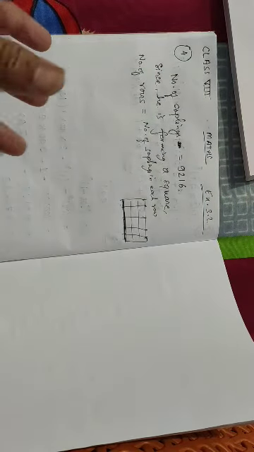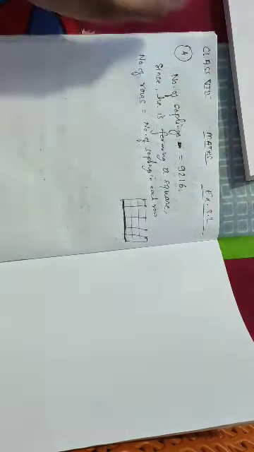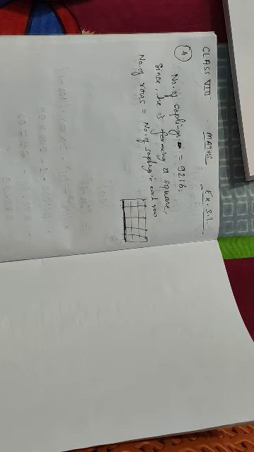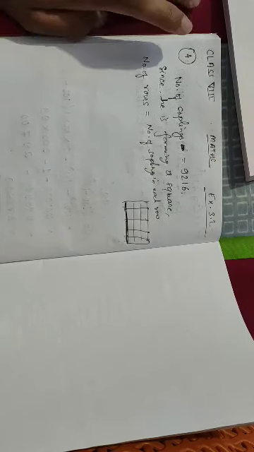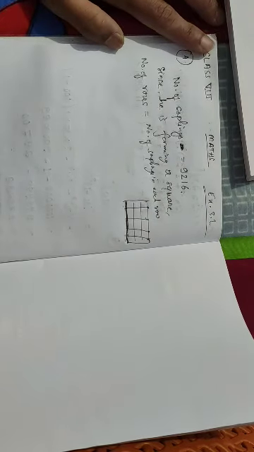Means whatever is the number of rows, like if he is planting the saplings in 14 rows, then in one row there should be 14 saplings itself. Okay, did you understand?